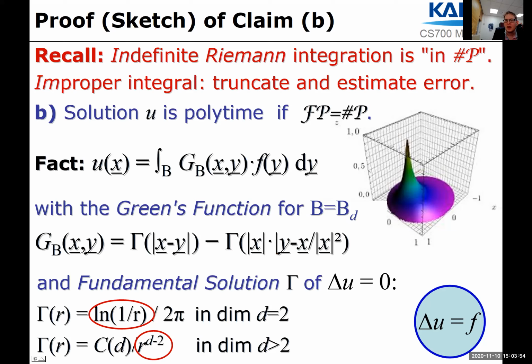He would cut off the singularity at some carefully chosen radius around the singularity, or cut off this peak at a certain height, carefully chosen, so that his error analysis guarantees that cutting it off does produce a Riemann integral, right?